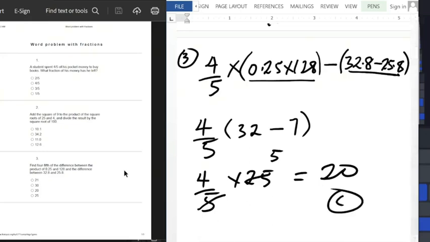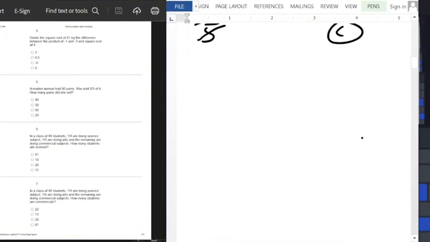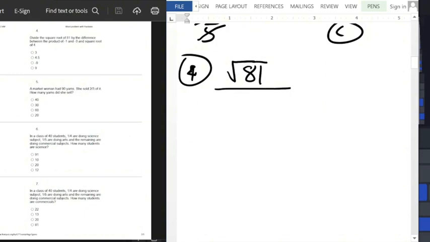Now this is clear. So let's go to number 4. Question 4 now. We have the square root of 81 divided by the difference between the product of minus 1 times minus 3, that's the product, and the difference, the square root of 4.